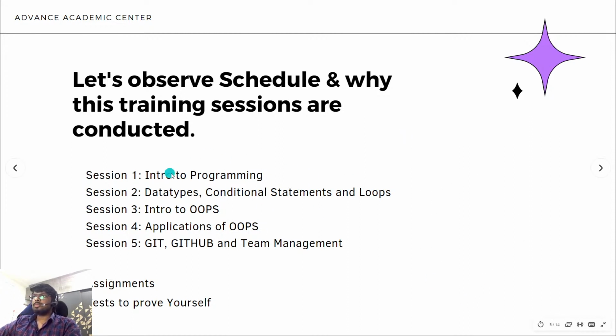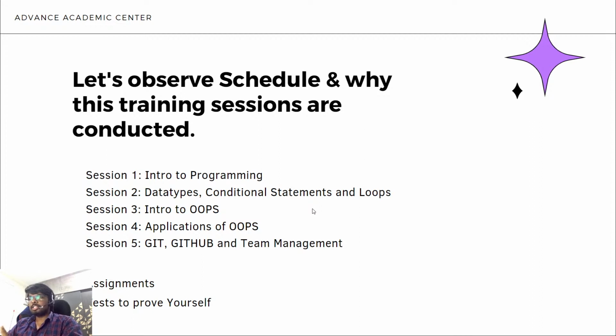Let's see what all other sessions we have. Firstly, we have the intro to programming session, that's the session running now. Session two is about data types, conditional statements, and loops, and that will be taken by Umakant Saho, another instructor.